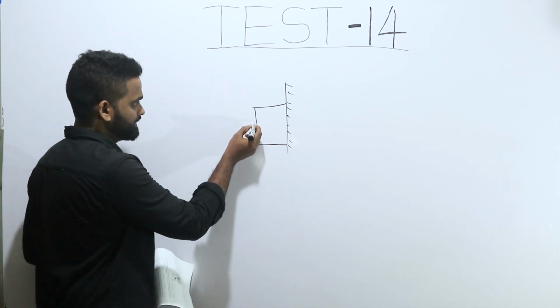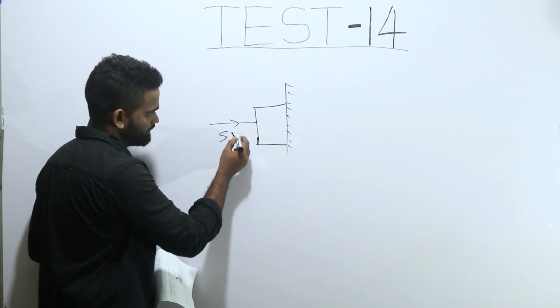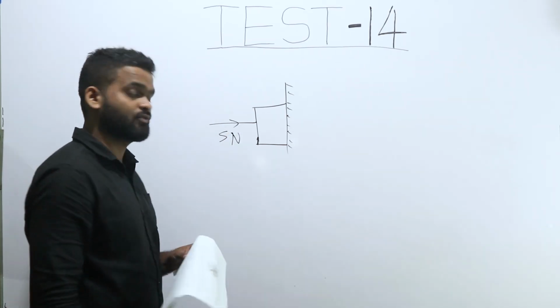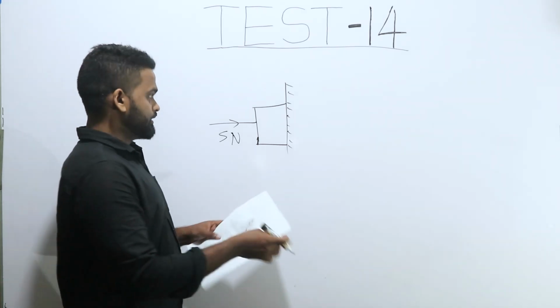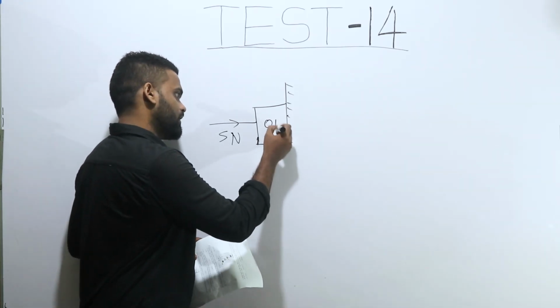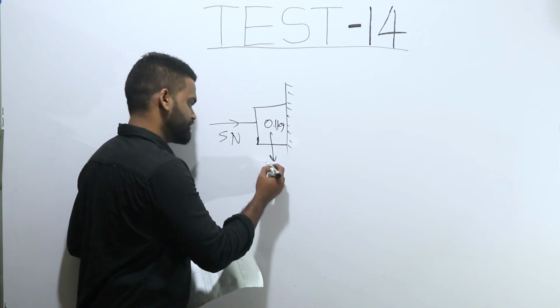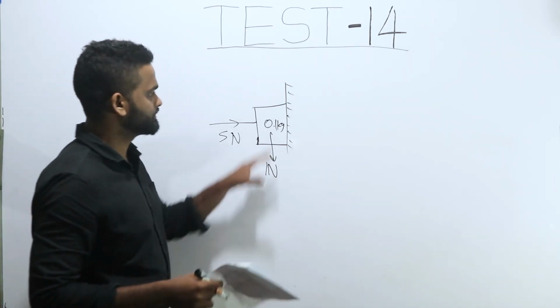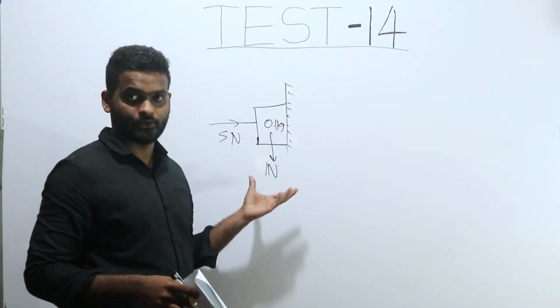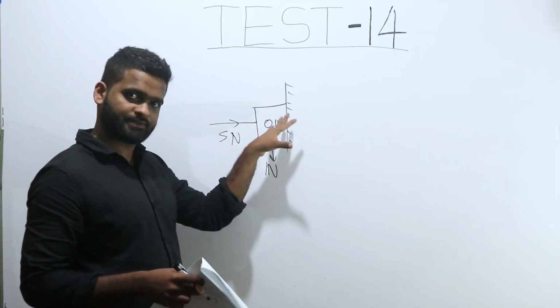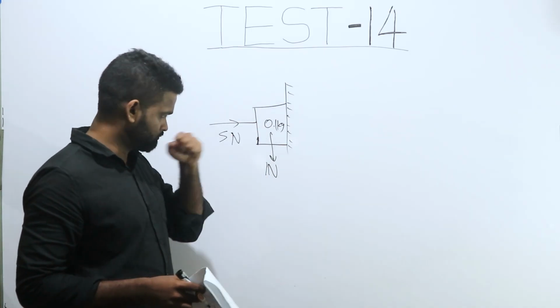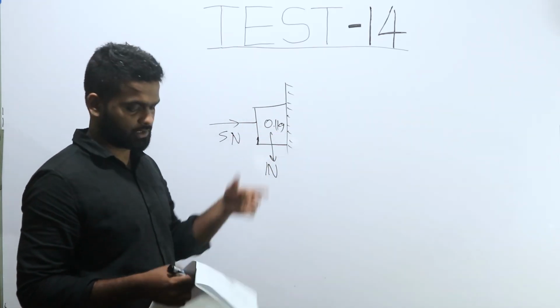So if you press this object with 5 Newton, the mass is given as 0.1 kilogram. So the weight should be 1 Newton. Just multiply by 10. Weight is 1 Newton. Just mark all the forces acting on this mass of 0.1 kilogram.